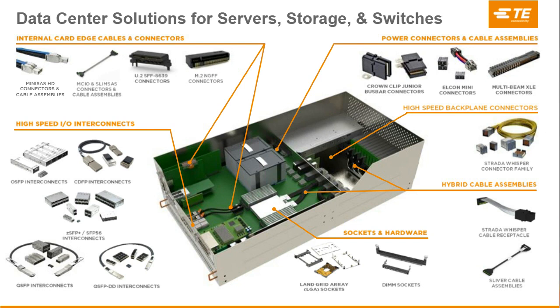And the increased power consumption means the modules need to dissipate more power. And at 800 gigabits, a typical optics module in a QSFP-DD or an OSFP form factor will dissipate upwards of 25 watts per port. That makes I/O the dominant power consumption factor in many pieces of equipment inside the data center.